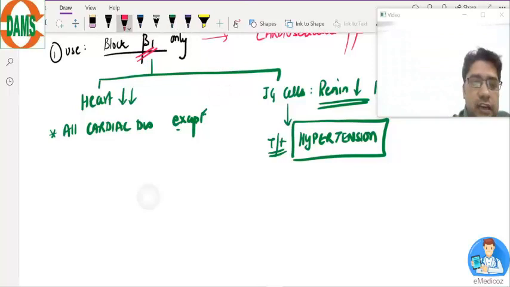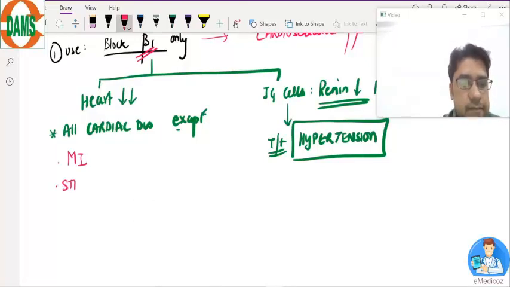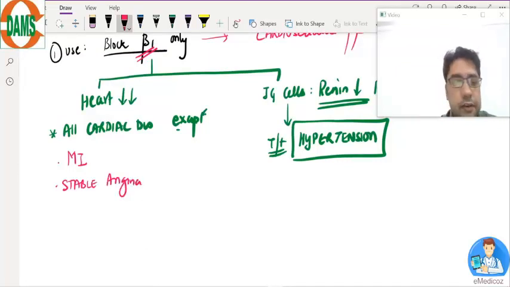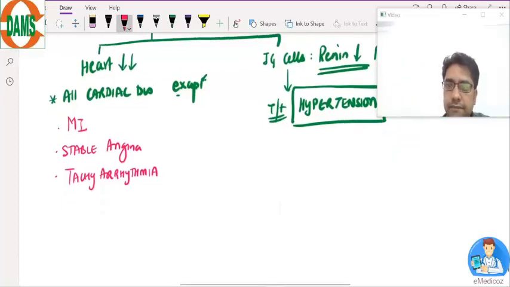Beta blockers are the drug of choice for MI, myocardial infarction. Second, stable angina. They are the drug of choice for stable angina. Third, they are used in tachyarrhythmias because they will decrease heart rate.